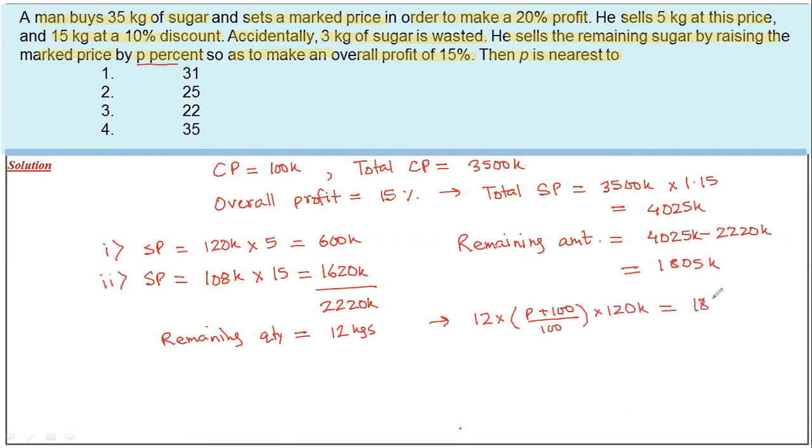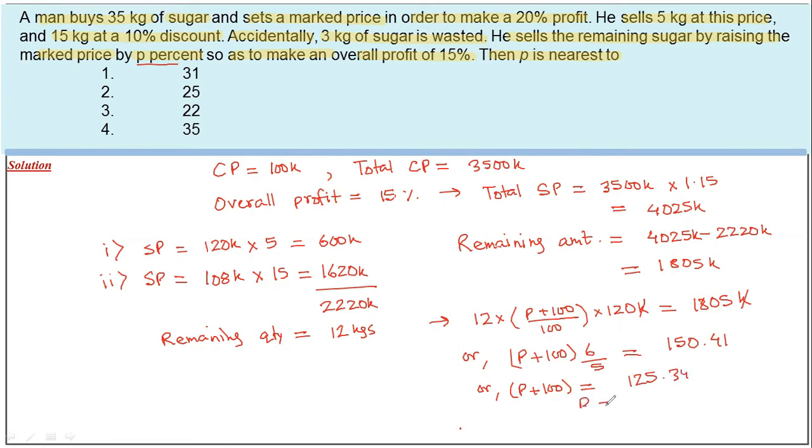This is equal to 1805k, or p plus 100 into 6 by 5 is equal to 150.41, or p plus 100 is equal to 125.34.